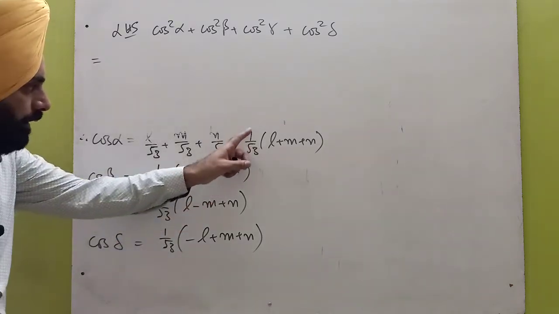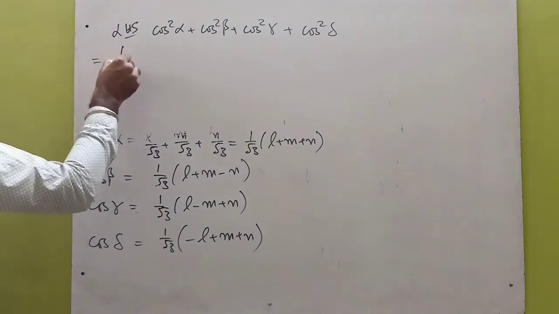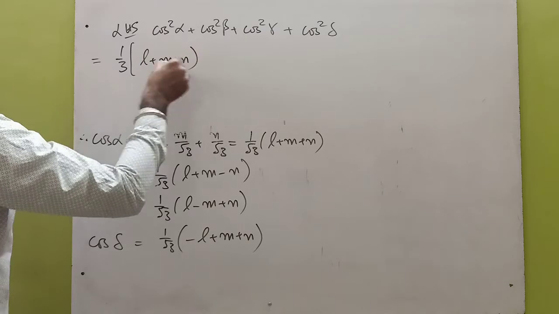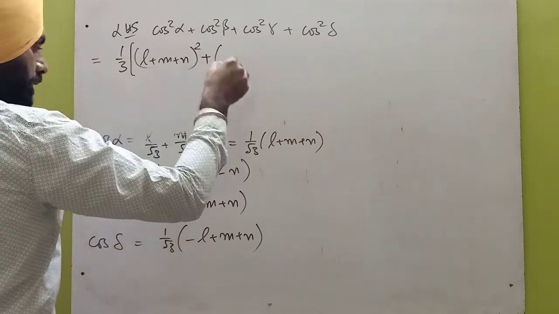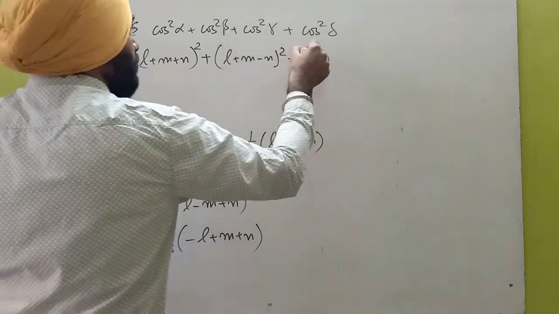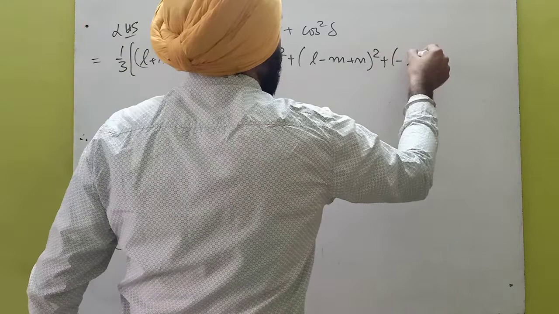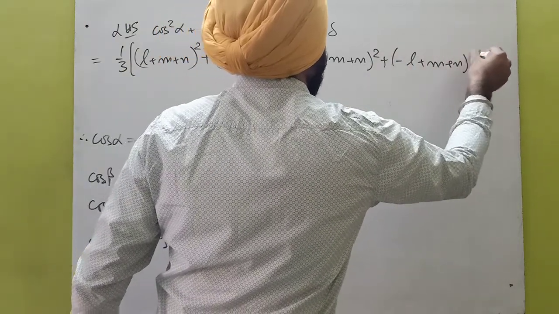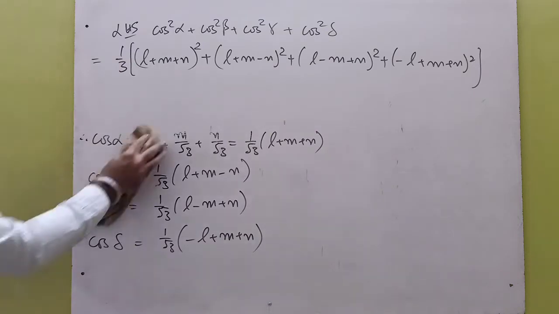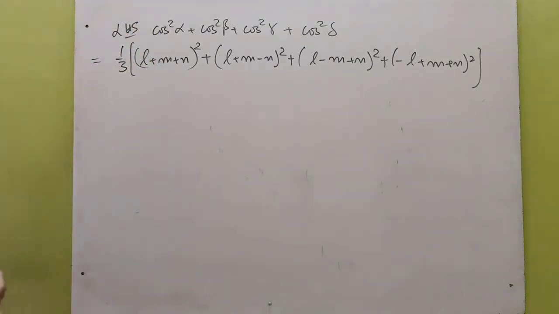When we square this, there will be 1 by 3 in all the terms, so take 1 by 3 common. And now next is L plus M plus N whole square plus second term L plus M minus N whole square plus L minus M plus N whole square plus last term minus L plus M plus N whole square. And now there will be calculation work. And we have to prove that this is equal to 4 by 3.